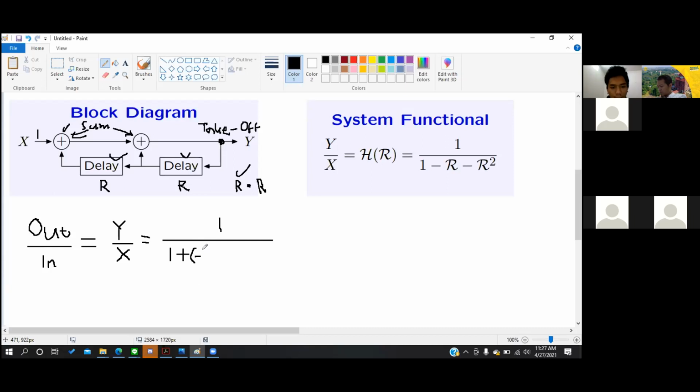So this is minus R times R. Now if we look at this point again, from this summing point, the output of the summing point is 1 plus minus r times r.